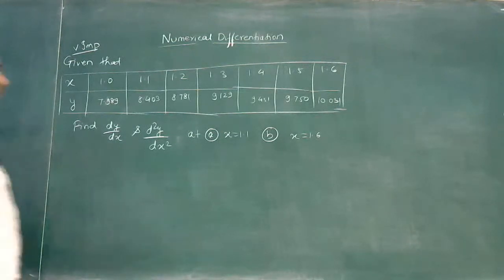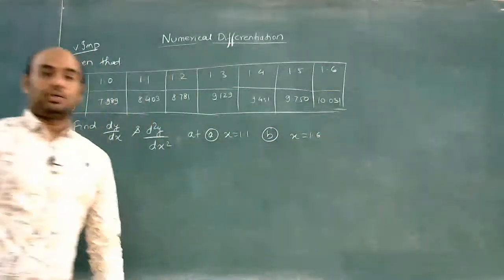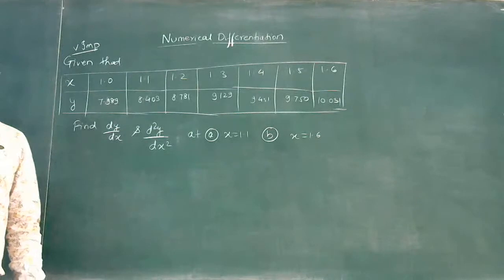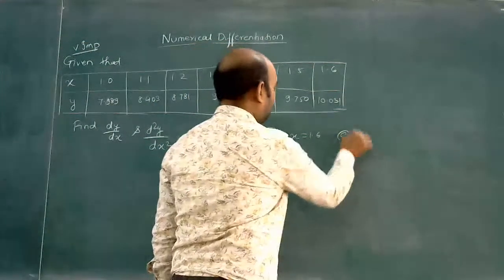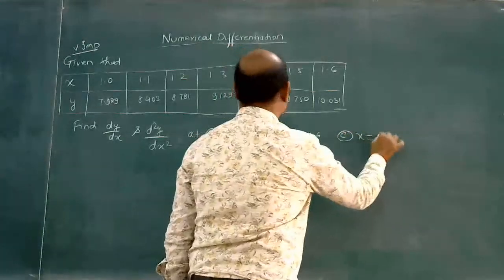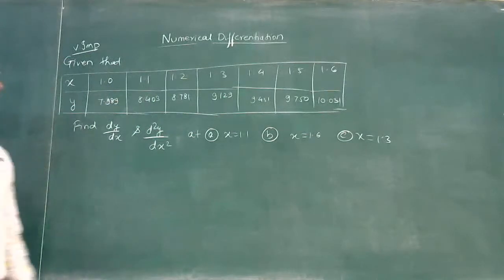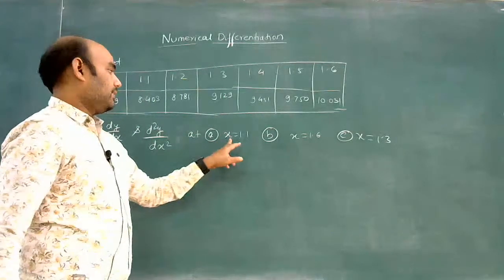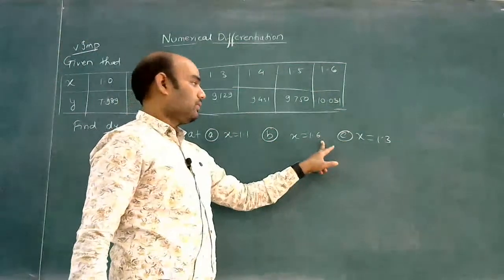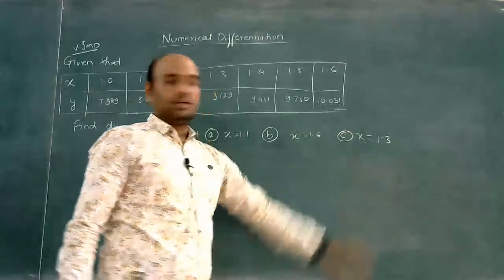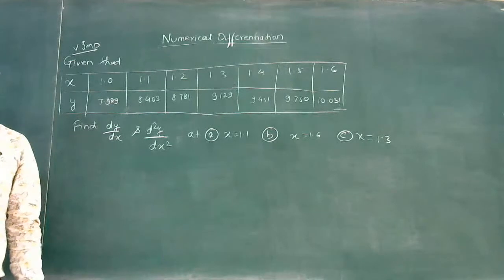And then we have to find also the value of dy by dx and second derivative at x is equal to 1.6. And suppose we have to find the value of dy by dx at x is equal to 1.3. So when x is equal to 1.1, which formula will you use? When x is equal to 1.6, which formula will you use? And when x is equal to 1.3, which formula will you use? Anyone?